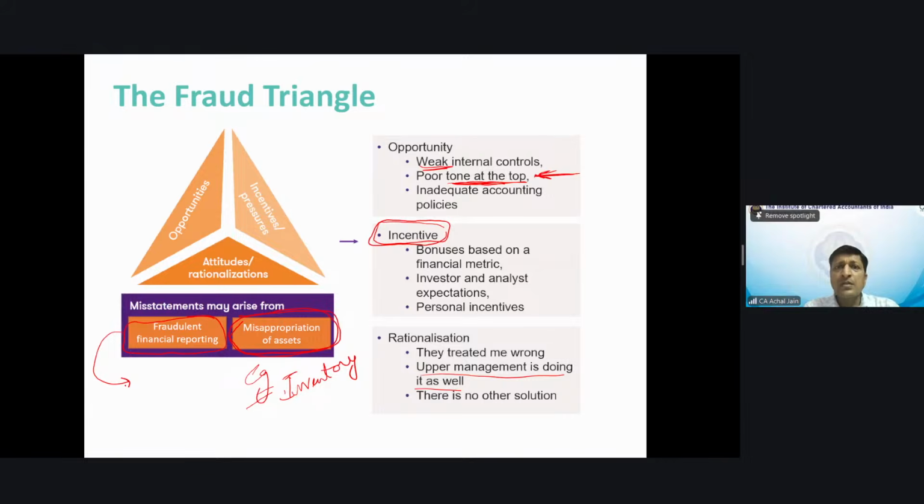This is again a very common situation that you come across. Errors in the financial statements are very common, and we are not trying to associate each and every type of error with fraudulent financial reporting. The important point is, when we talk about fraud, it's something which is done intentionally.